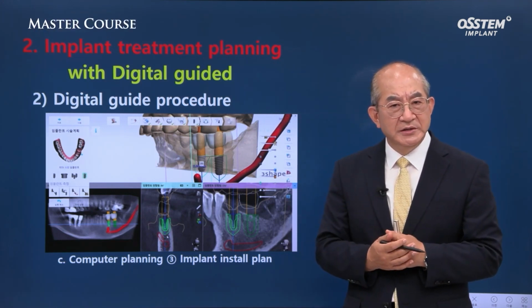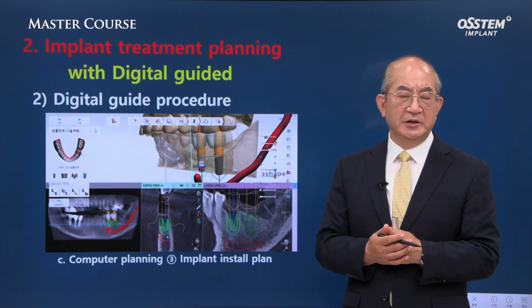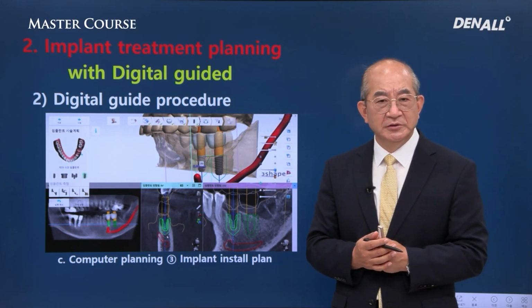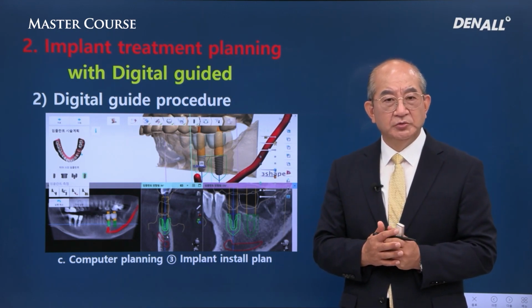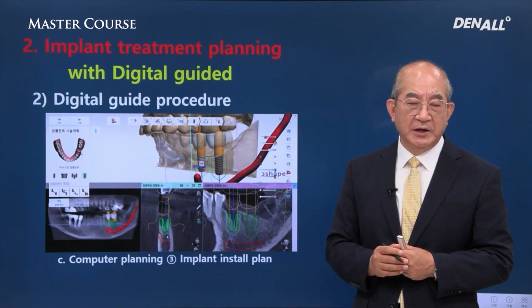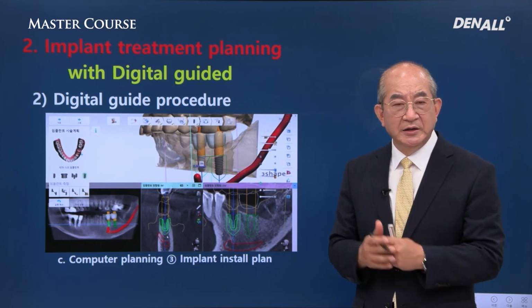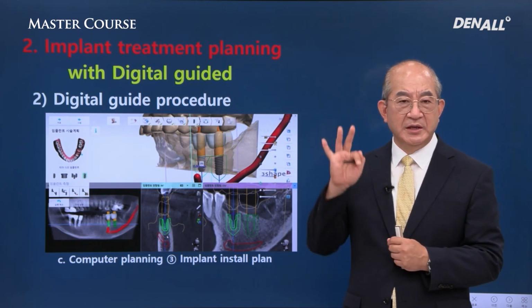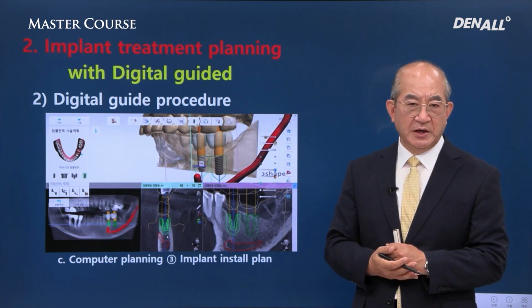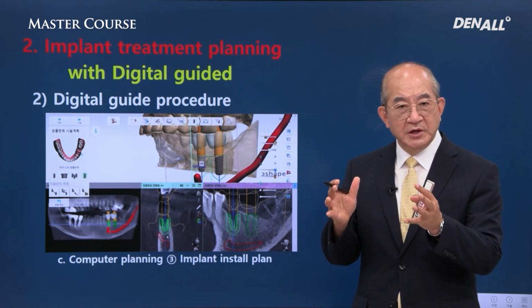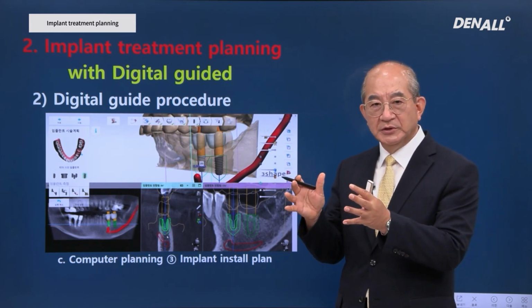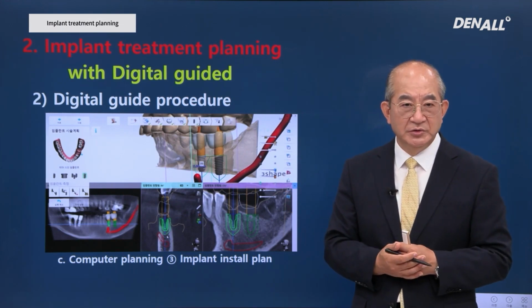Second, we need to provide an explanation as to what can be expected. Third, we need to be able to refer the patient to a bigger hospital if it is beyond the scope of our treatment. These three factors are very important in preventing medical disputes.